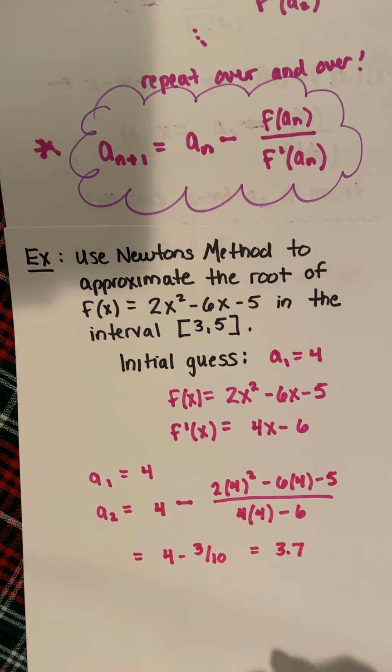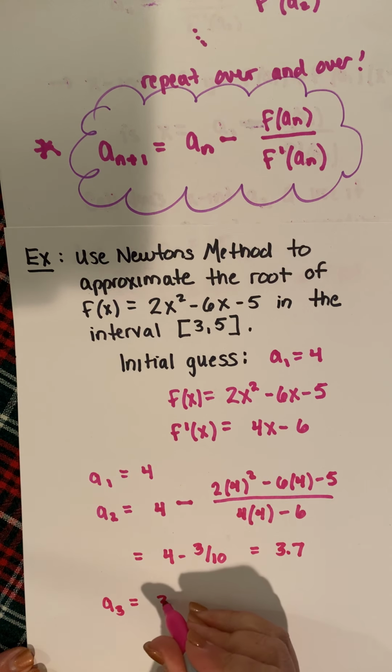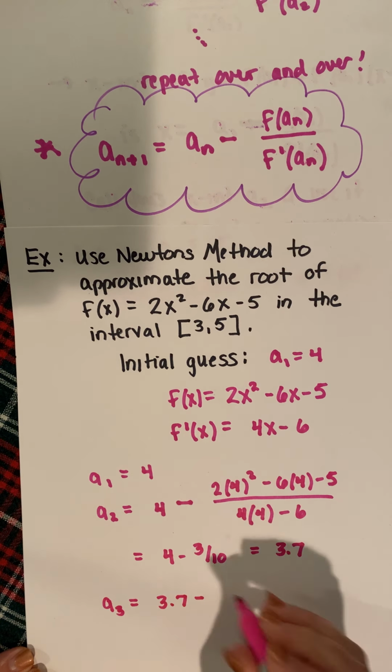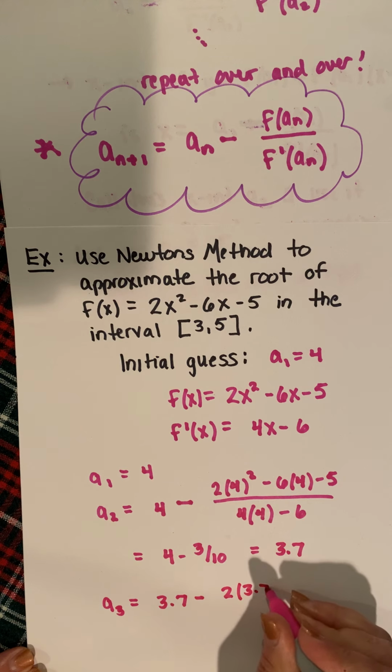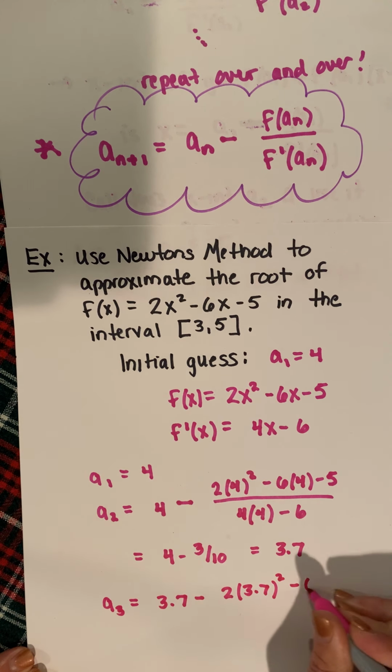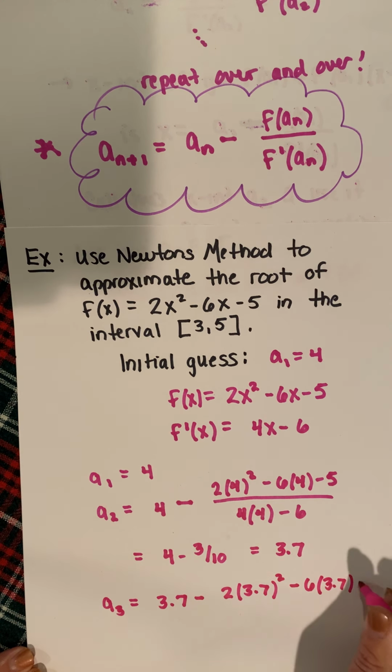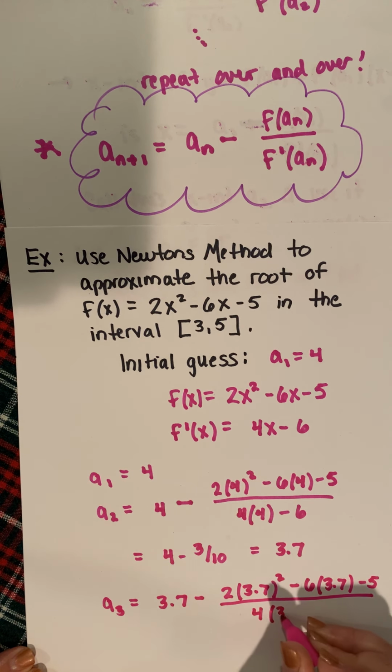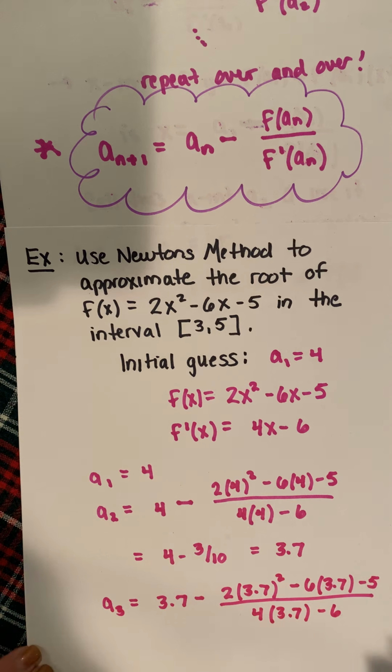Now to find the third approximation, we're going to take 3.7 and pop it into this template. So it's going to be 3.7 minus the function evaluated at 3.7, 2 times 3.7 squared minus 6 times 3.7 minus 5, all over the derivative evaluated at 3.7. Not sure if you're getting the idea that this is going to get pretty hairy pretty quickly.